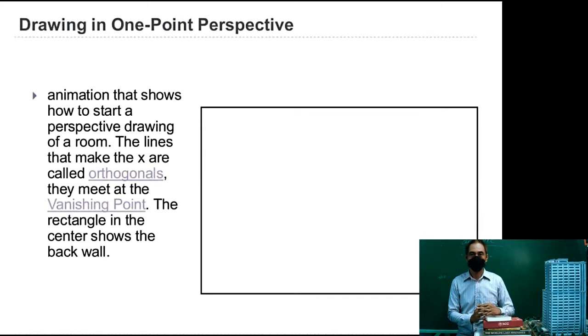Okay, let's go to the animation that shows how to start perspective drawing of a room. The lines that make the X are called orthogonals, and they meet at the vanishing point. The rectangle in the center shows the back wall.